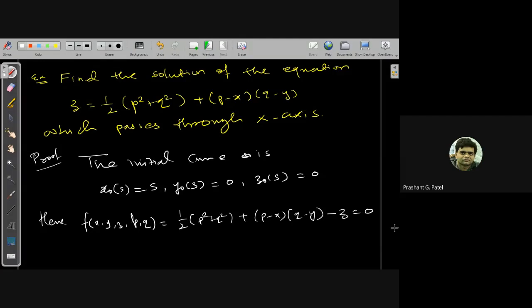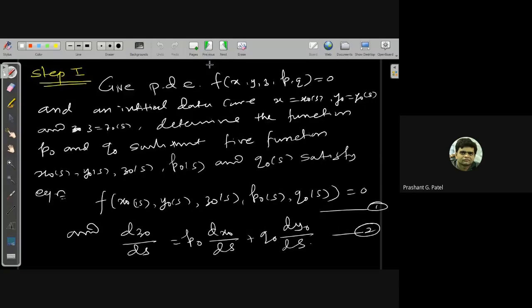This is my function. So to determine this characteristic strip, we'll substitute x0, y0, z0 into this equation, and we need to obtain the values of p0 and q0 using these two equations.